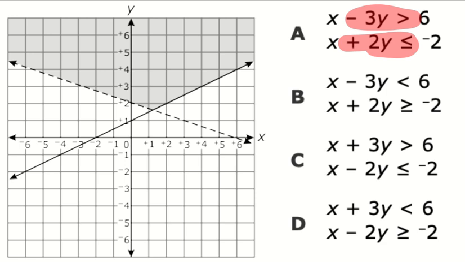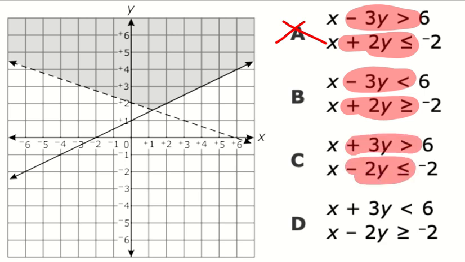So, can't be A. If I look at B, this one gets shaded above, this one's shaded above. That's possible. If I look at C, that one's above, possible. If I look at D, this one's shaded below, this one's going to be shaded below when we flip it, not possible. So right there, eliminates 2 of them.